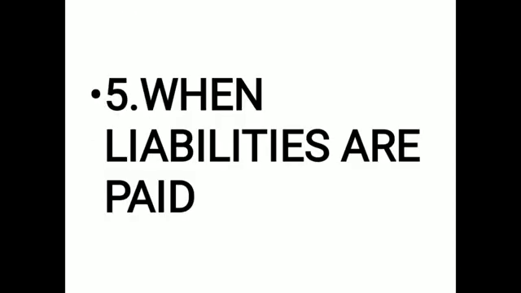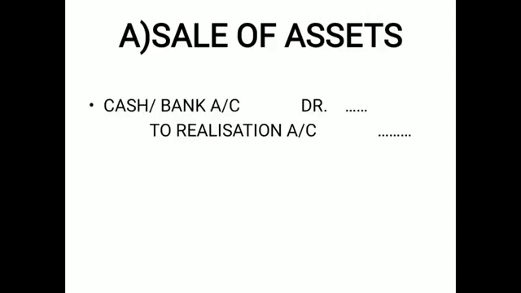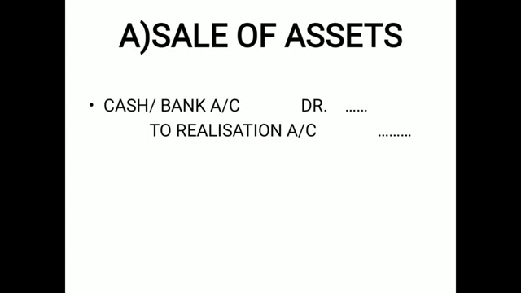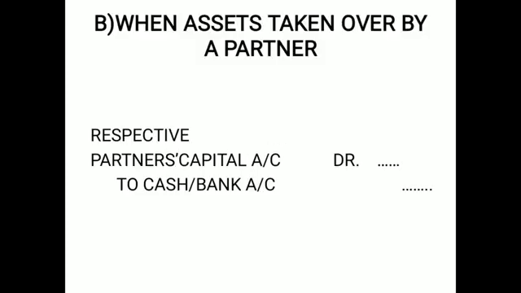Okay, the next topic, an important topic, is when liabilities are paid. Try to understand. You have understood this, that assets are sold, so amount is realized. This is sale of assets, or asset has been taken over by partner. That means during that time his capital account is debited, that means the amount has been taken from partner's capital account.